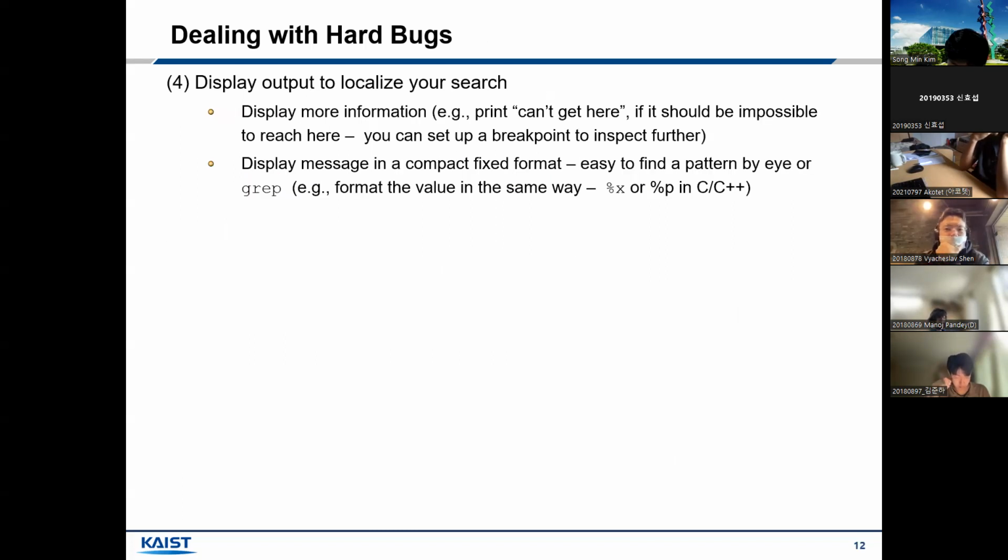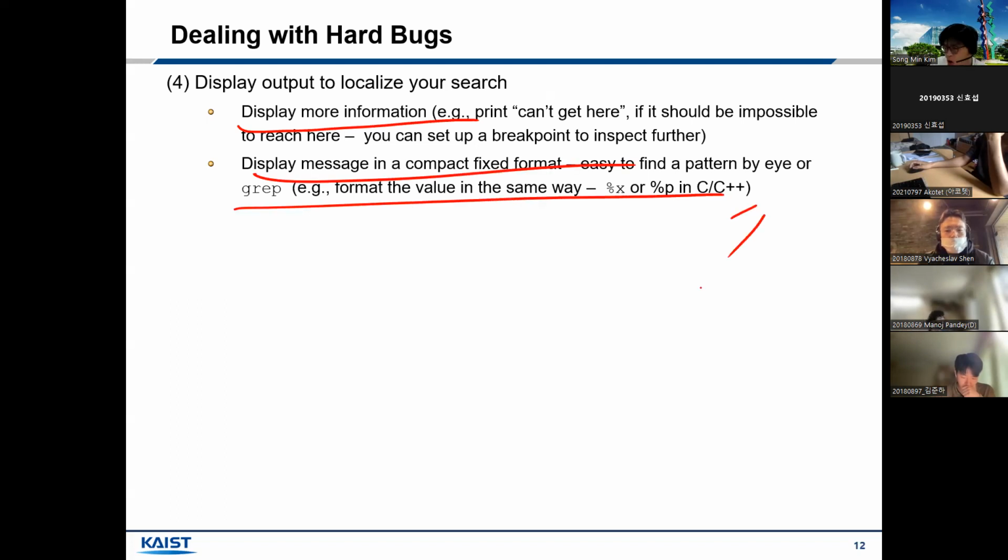And another one is to display output to localize your search, right? So display more, basically putting more asserts or putting more printfs to display an output whenever you can. When you're doing so, one tip is to display a message in a compact fixed format.